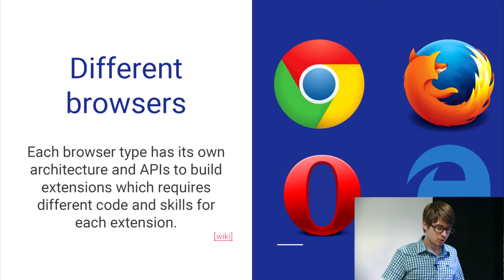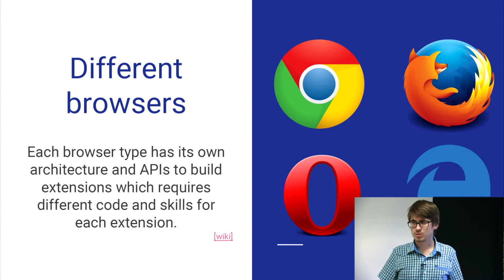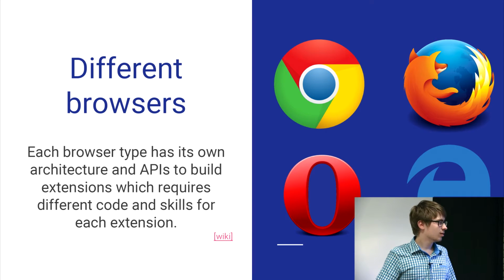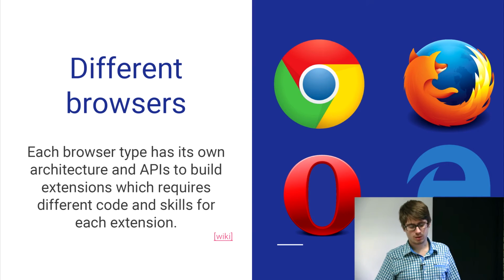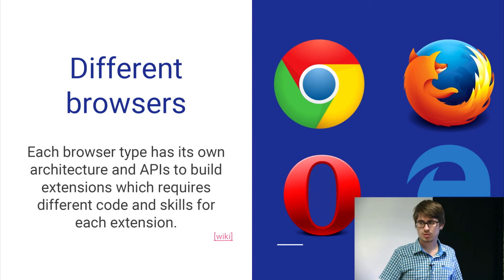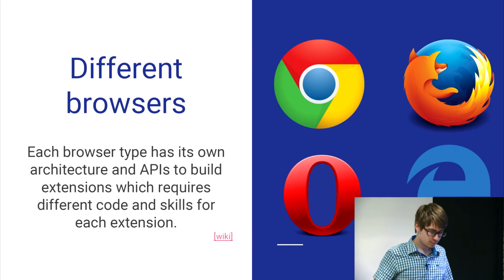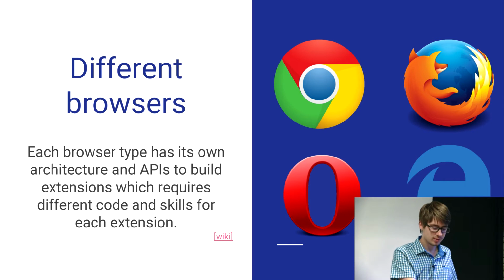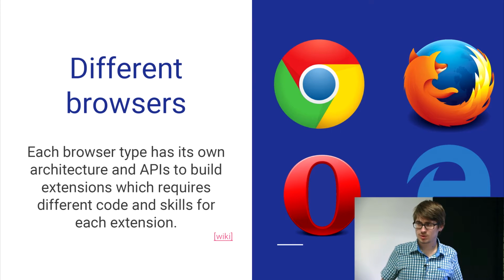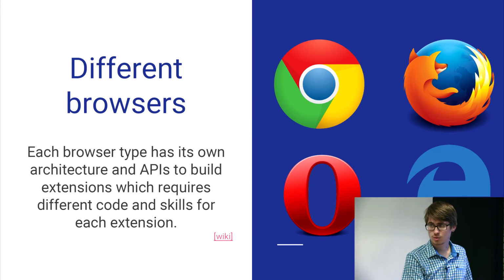For example, Chrome and Firefox have pretty different extension architectures. On the Firefox side it's add-ons, which use an XUL architecture, which is pretty complicated compared with the Chrome extensions API. But Opera and Edge at base use the same API as Chrome, a little bit different, but the same architecture.